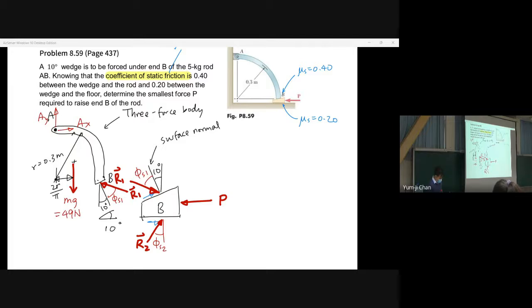The lines of action of these three forces meet at the same point. So for the reaction at point A, it should go like this. Of course, you can do this step or you don't do this step. It is okay, but if you use this step, then it will help you.